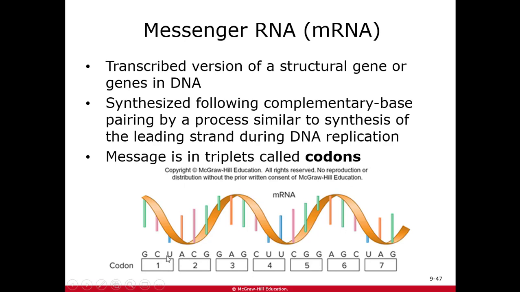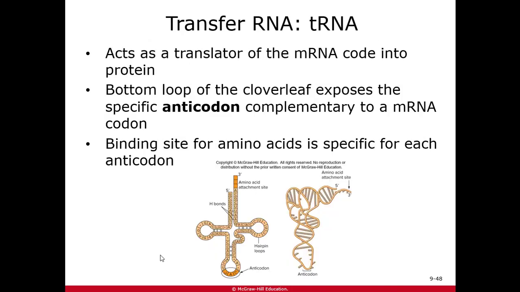So if this is the anticodon UAC, it would recognize a codon with A, because that's what U pairs up with, U, because that's what A pairs up with, and a G. So if it sees an AUG, it knows, I recognize my counterpart, and it will bring in the correct amino acid at the other end.